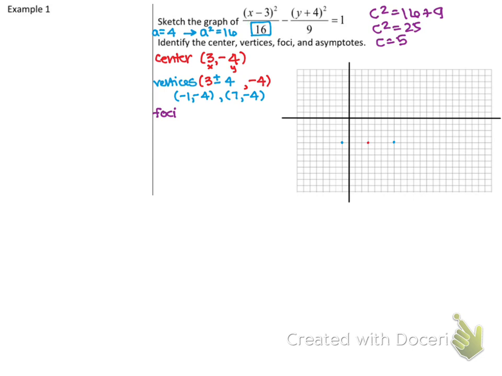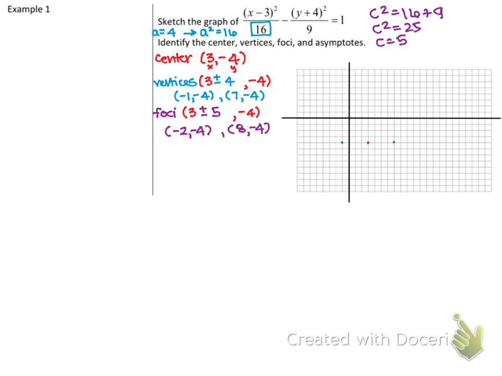So if I go to find my foci, I'm going to grab my center. I'm going to go 4 units, 5, in the x direction. Okay, so that's going to give me 3 minus, that's negative 2, and then 3 plus.